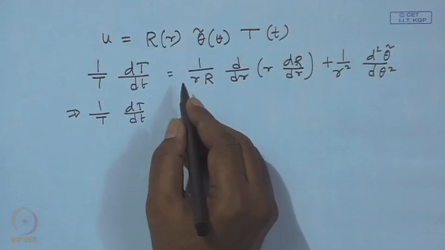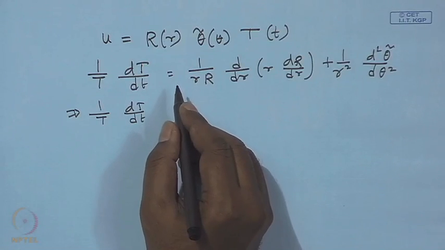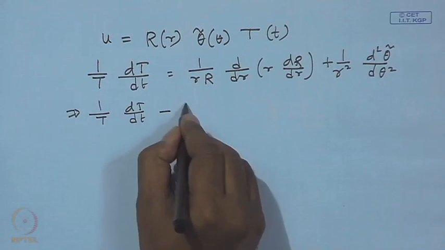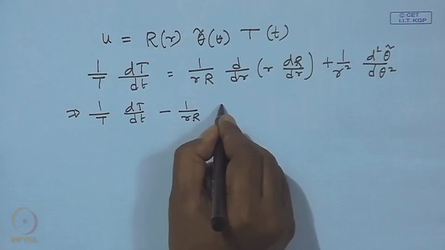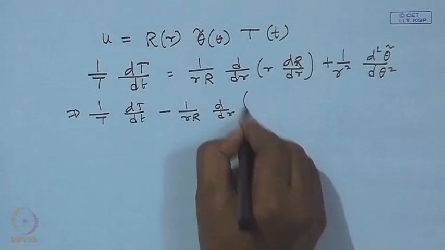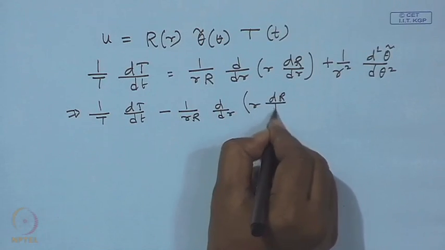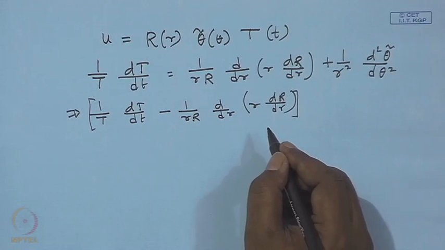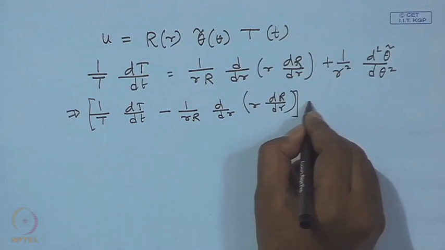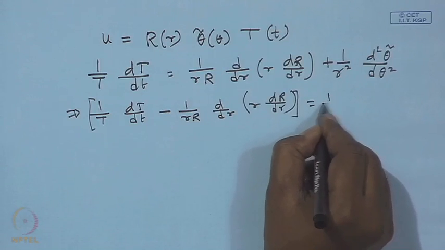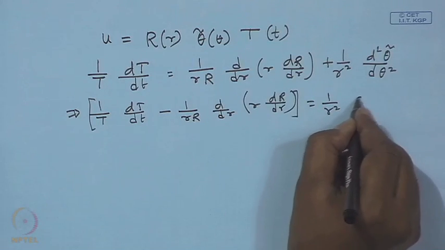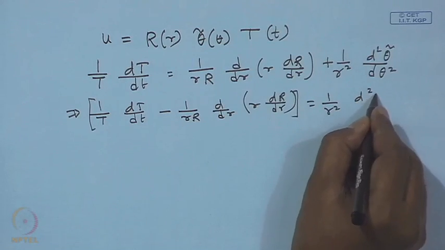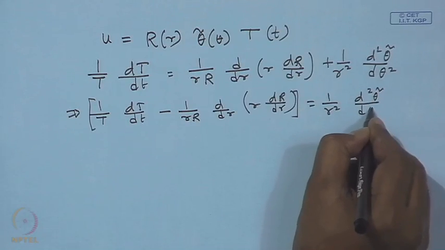minus 1 over R 1 over r d/dr of r dR/dr. So, we bring it to the other side. So, this becomes 1 over r square d square theta hat d theta square.